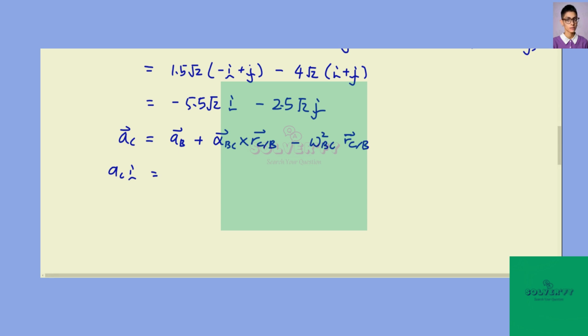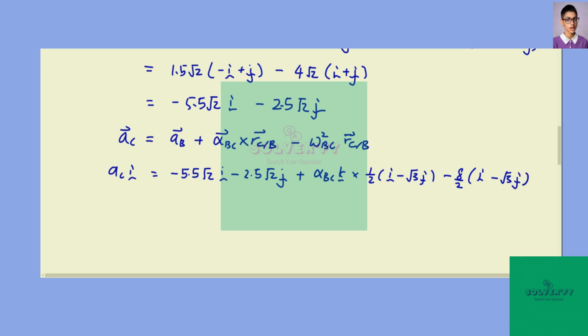So AB is minus 5.5 root 2 I minus 2.5 root 2 J, plus alpha BC k cross half (I minus root 3 J), minus 8 times half (I minus root 3 J).